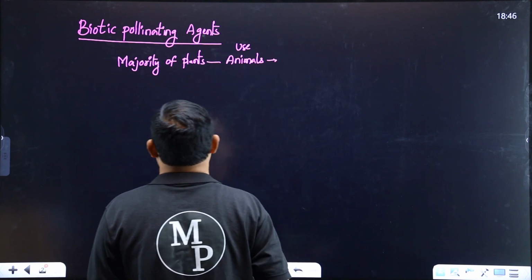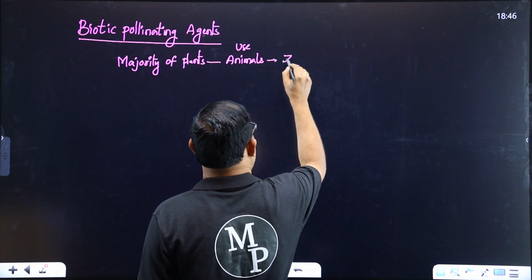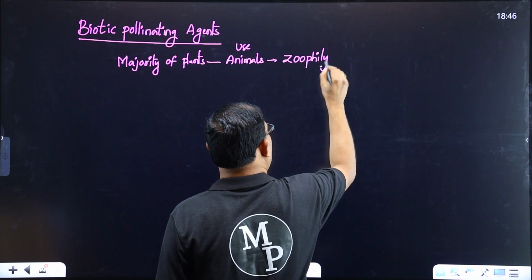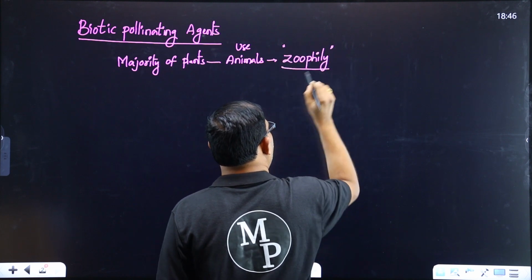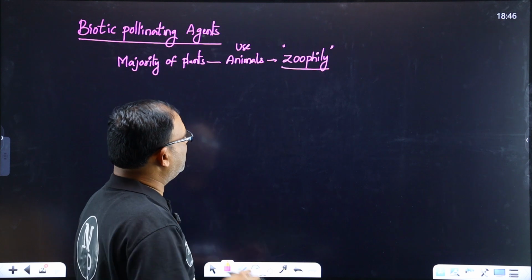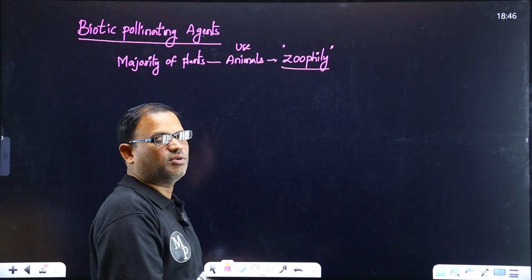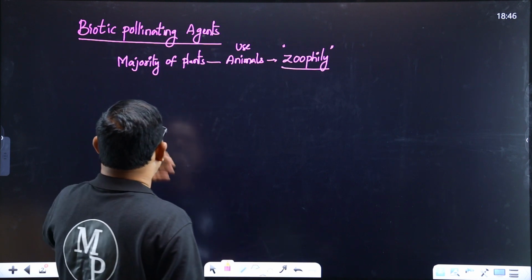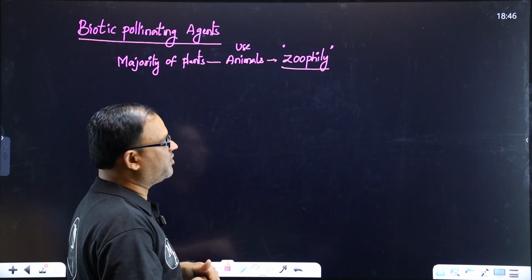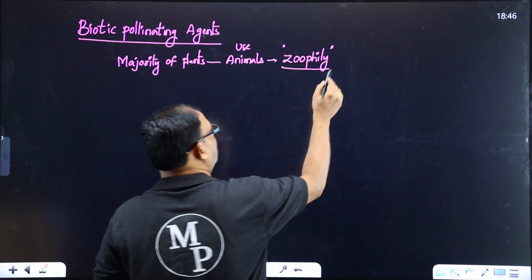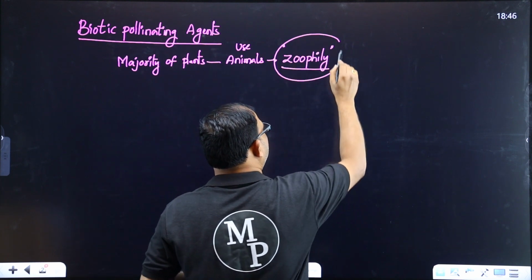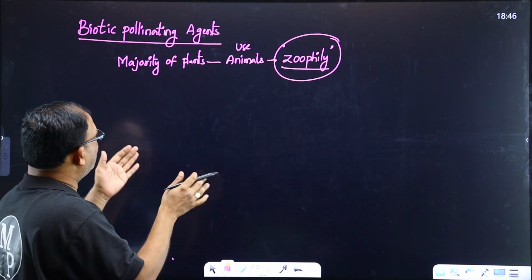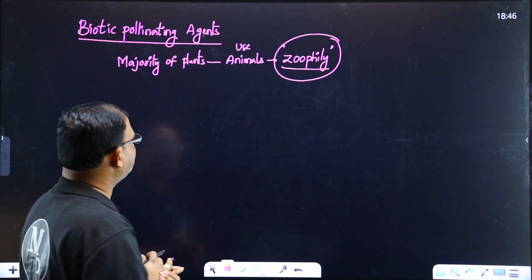So that's why such type of pollination is called zoophily. Zoo, you know, as in zoology, means animals. Phily means pollination type. Majority of the plants use animals for pollination. Such type of pollination is called zoophily. Very important.